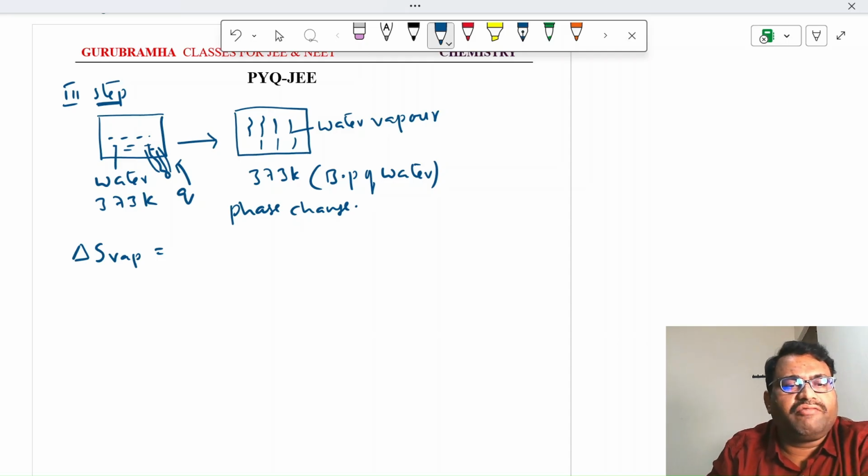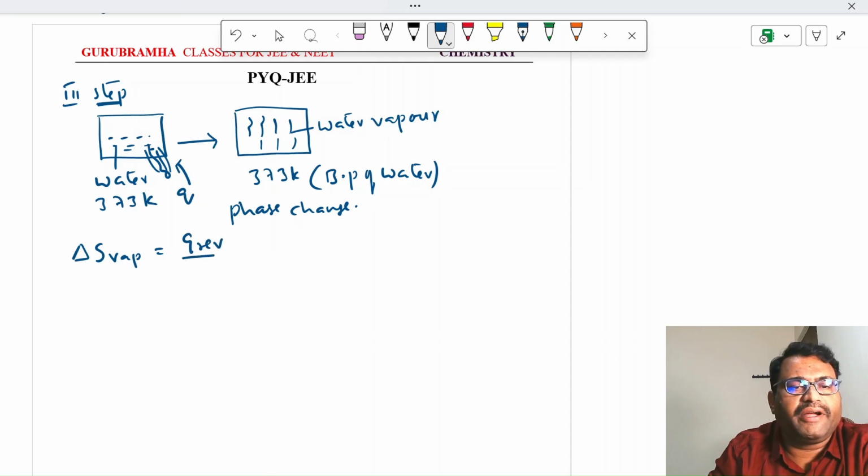Entropy change during vaporization is Q reversible by T, and since this is all happening at constant pressure, Q is delta H. So delta S of vaporization is delta H vaporization by TB.